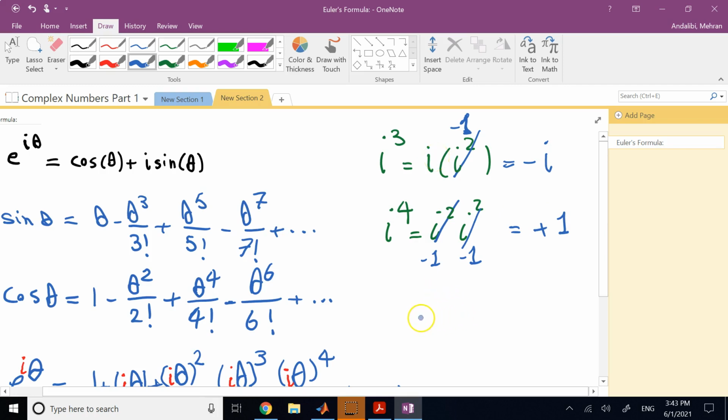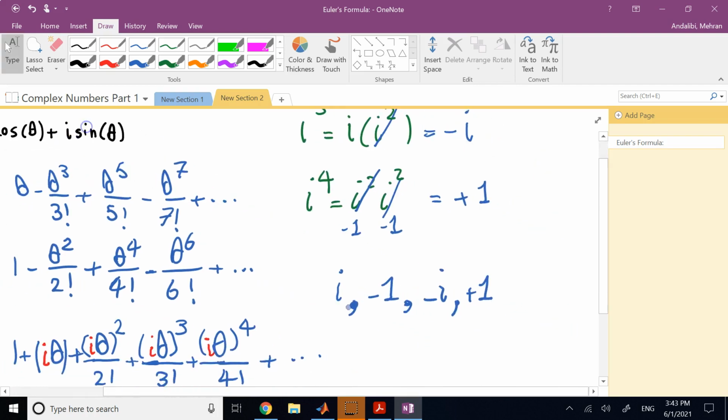You have i to the 1, which is i. You have i to the 2, which is -1. You have i to the 3, which is -i, and you have i to the 4, which is +1. And now if you go to the 5, 5 is i to the 4, which is 1, times i to the 1, which is this. And so this is going to be the pattern that you will see.